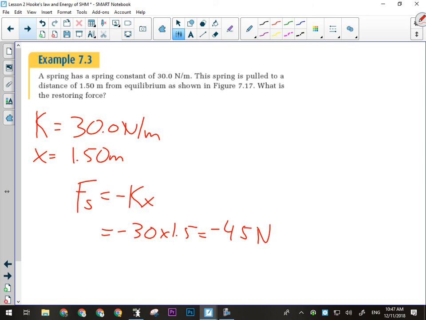The difference is a Hooke's law question will generally only deal with one point in the movement. A law of conservation of energy question has to deal with how many? At least two. Okay, because we have to compare initial and final. Hooke's law only deals with the force at one spot. Okay, so that's one thing to look for when you're reading through a question.